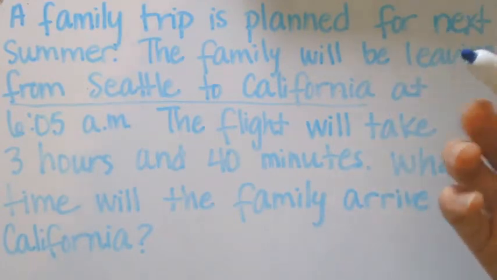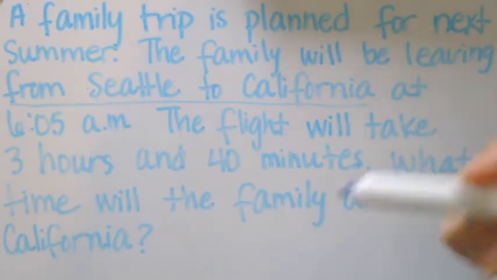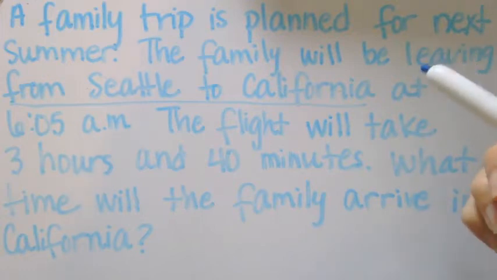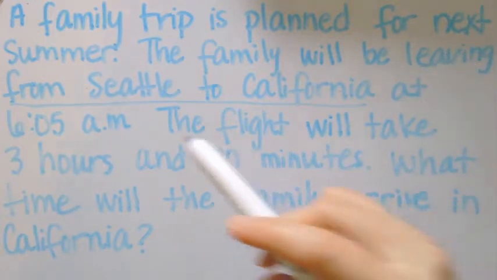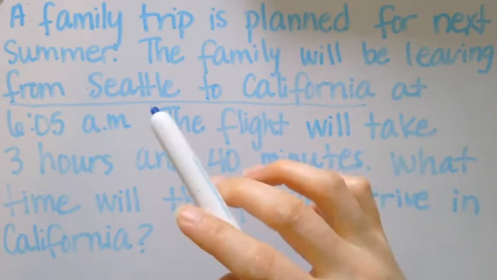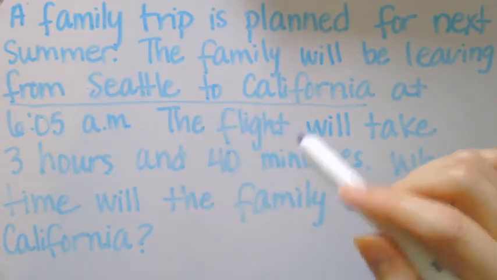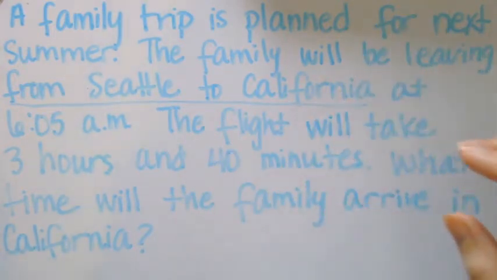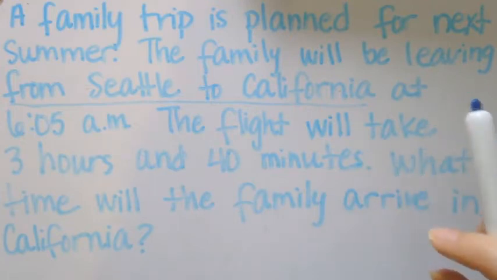But if you live in New York, it's a different time zone because you're all the way on the other side of the country. All right, so one thing to know is Seattle, California, we're going to be in the same time zone, so I don't have to take away any time or add on any time because of the difference in time zones because we're in the same zone of time.